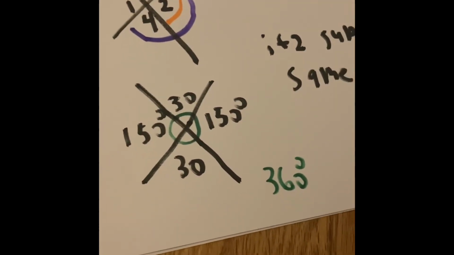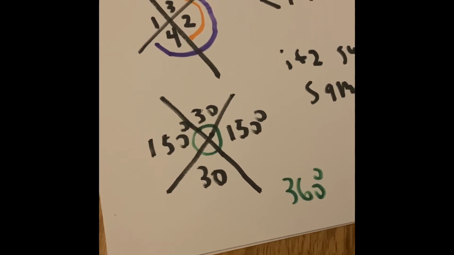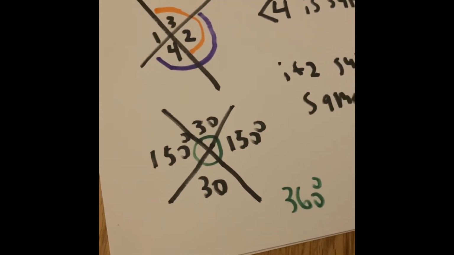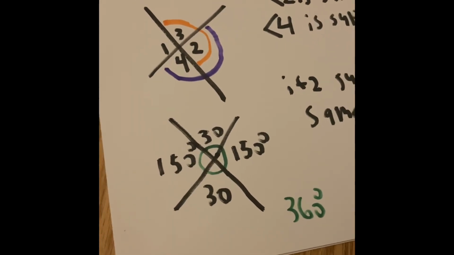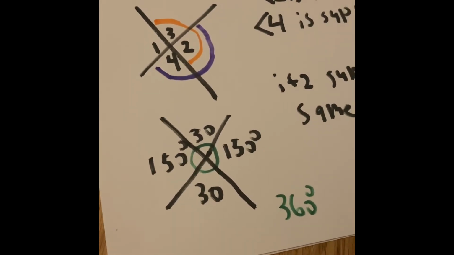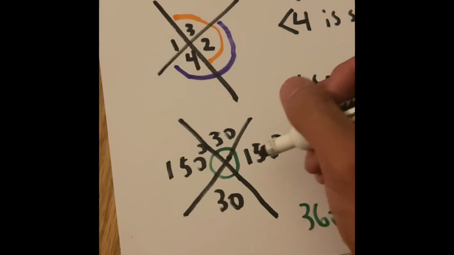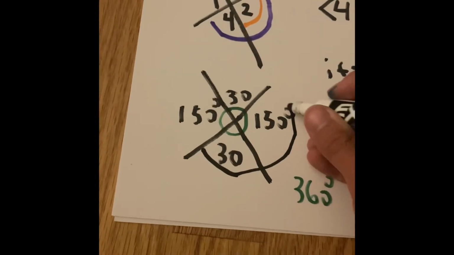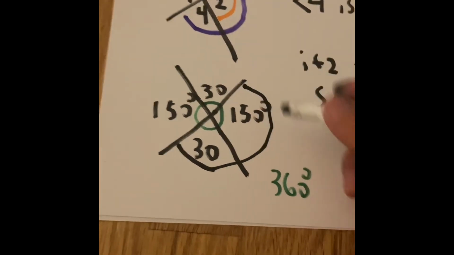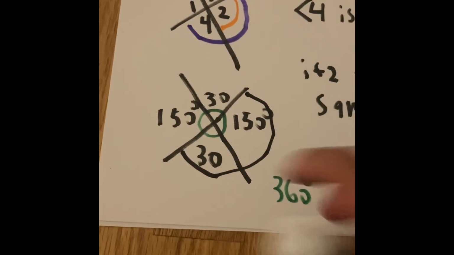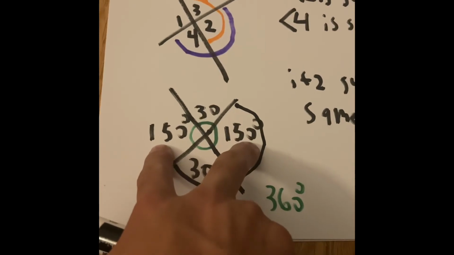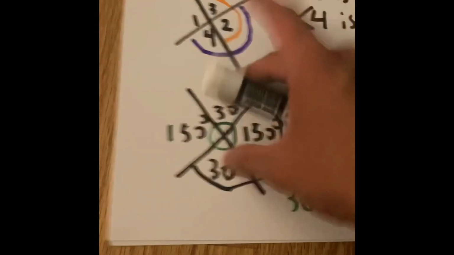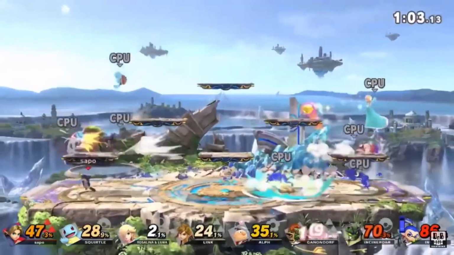But if you like to use 180 degrees and the definition of a straight angle, then you would understand that 30 plus 150 is equal to 180. So opposite sides are congruent to each other. These two are congruent, and these two are congruent.